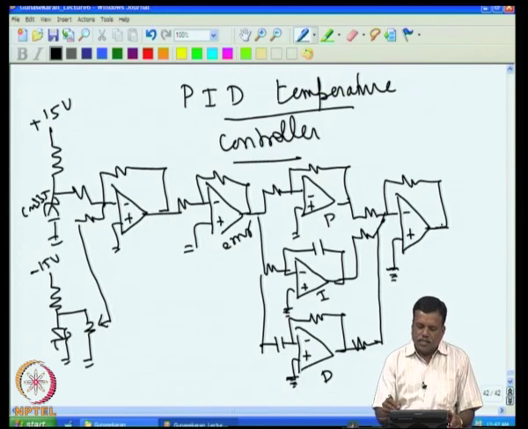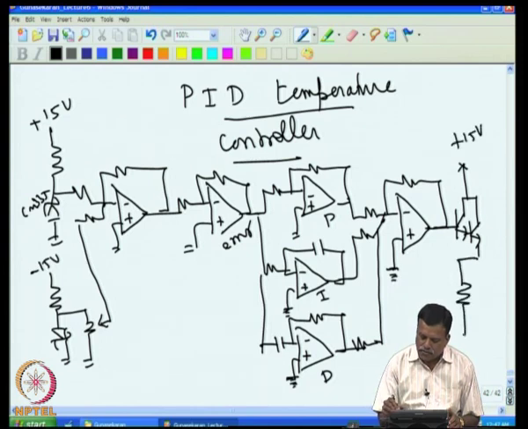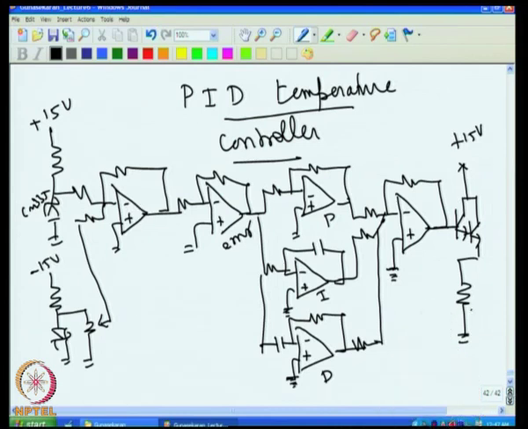So, you got the summed up voltage that should drive the heater now, that heater drive can be put now. And then connect the heater. So, you have a heater here. Of course, this heater is actually physically coupled to the sensor here.